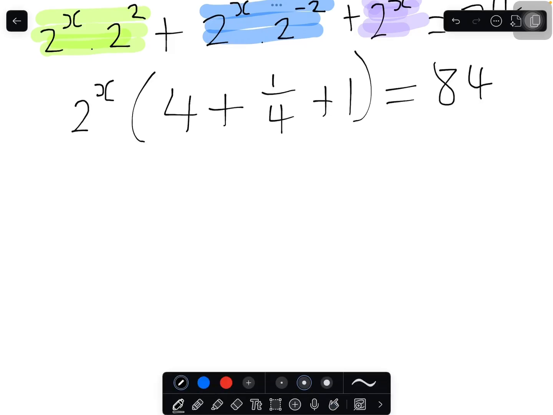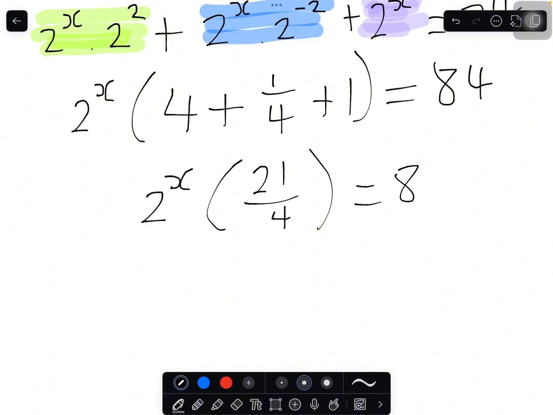And then if we look here, this will be 2 to the x into, you put this into your calculator, 4 plus 1 over 4 plus 1, and that will give us 21 over 4, equal to 84. We times 2 to the power x by 21 over 4, so we're going to divide 84 by 21 over 4. So we're going to go into our calculator. First, let's write down 2 to the power x equals, and then 84 divided by 21 over 4, we'll get 16.